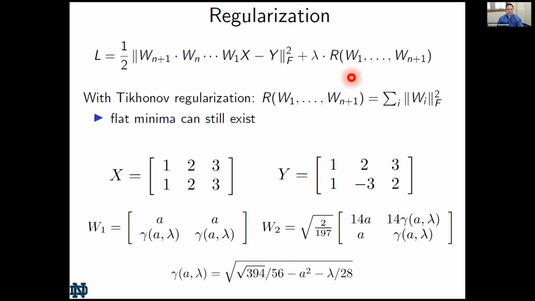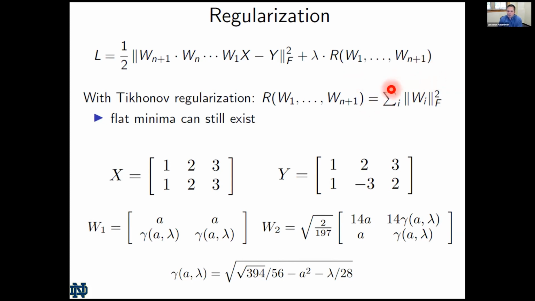So then you have these nice non-singular minima. The problem is that if you just take your classic Tikhonov regularization, you haven't destroyed all of the flat minima. They still can exist. Okay, so we give an example in the paper of just a very small example where you still get a positive dimensional set of minima.